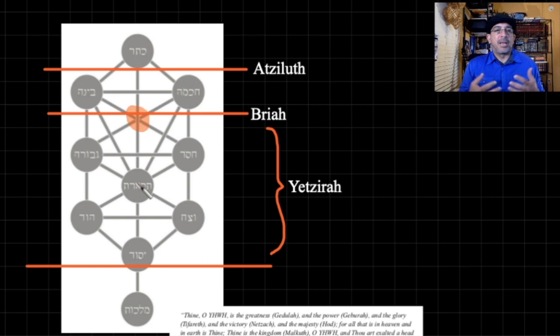Okay, and the biblical figure given to Tiferet is Jacob, the son of Isaac, and also Jacob as Israel. The Sefirah Tiferet also has two other very important figures.